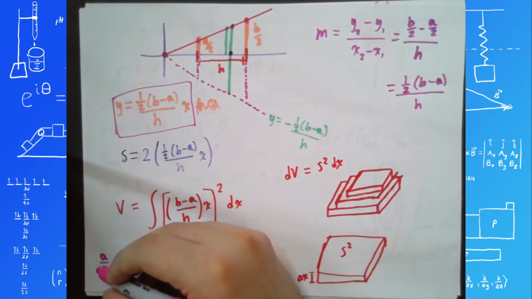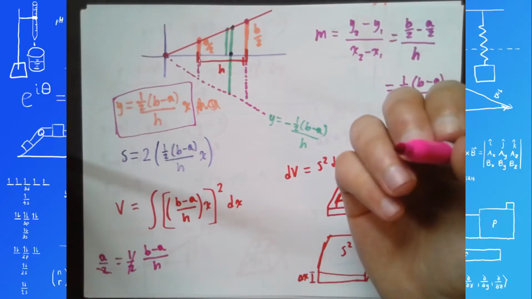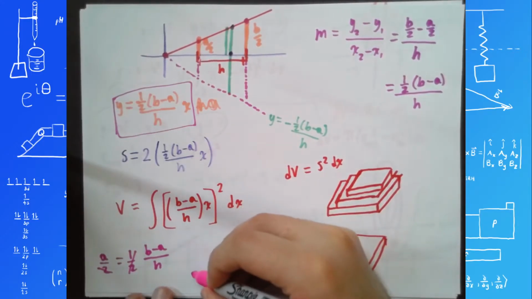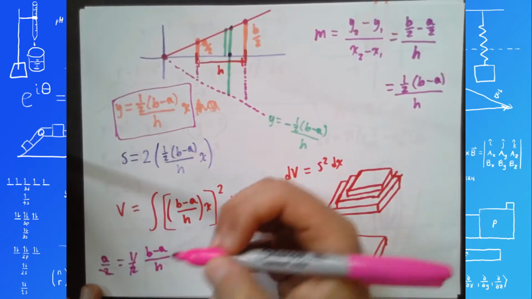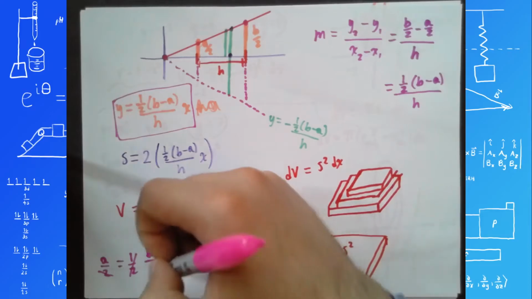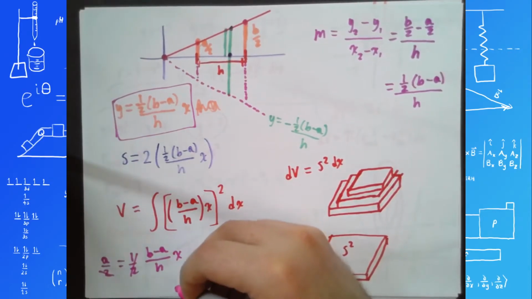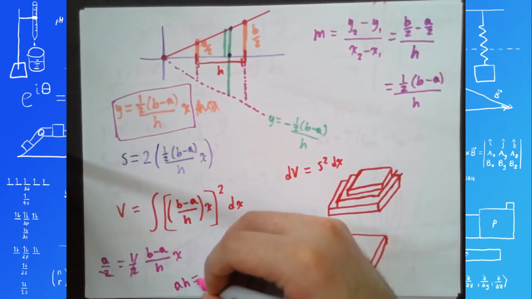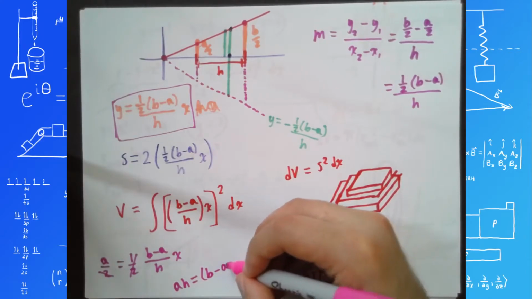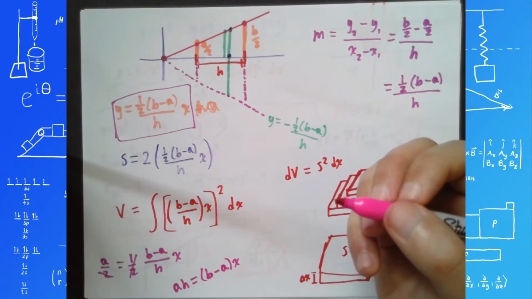I can cancel the 1/2, multiplying both sides by 2. And then a equals (b minus a over h) multiplied by x, and I forgot the x. Okay. Multiply by h, and that would give us AH equals (B minus A) times x, divide by B minus A, and that would do it.